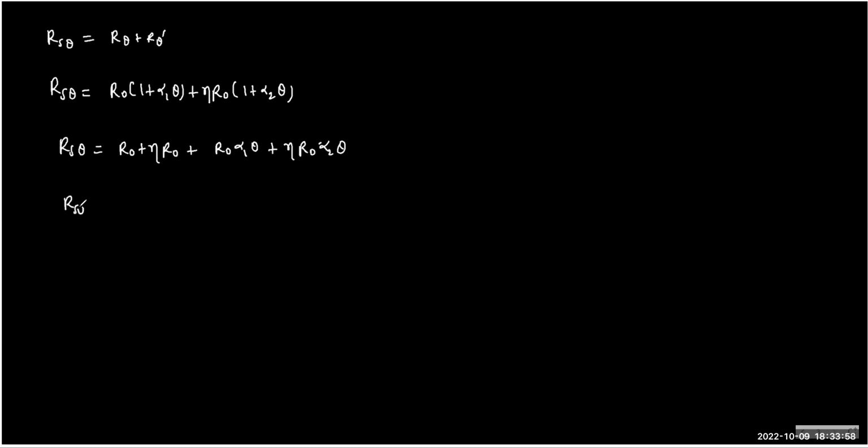So RS theta turns out to be R naught 1 plus eta. We can take common. Why are we taking common? Because this was the initial value, right? And the other term I can take common is R naught theta. What we get is alpha 1 plus eta alpha 2, correct?